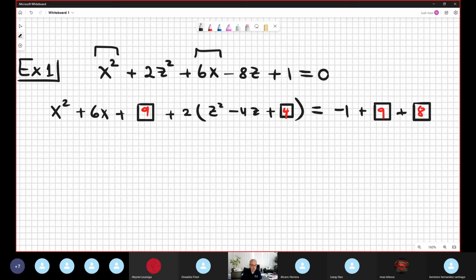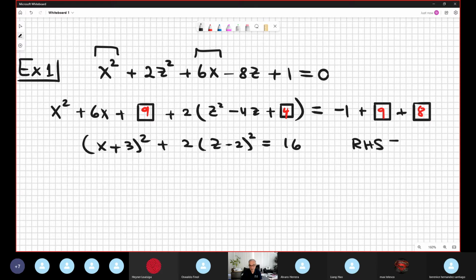And the factorization is x plus 3 squared plus 2 times z minus 2 squared equal 16, no? Because 17 minus 1, 16. We almost have the standard form, no, bueno, in standard form the right hand side must be 1. Remember conic sections, guys.